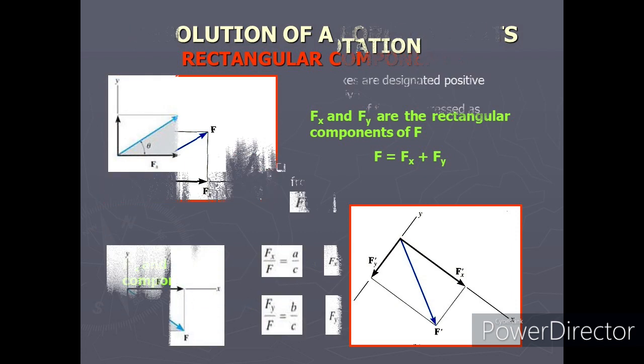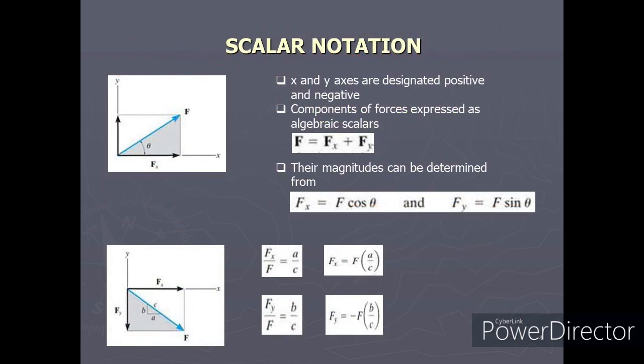Okay? And then scalar notation. The x and y axes are designated positive and negative, and the components of forces are expressed as algebraic scalars. This is the vector form. When you have a force F whose direction is theta, it will have components Fx and Fy, and F is equal to the sum of its components in vector form.